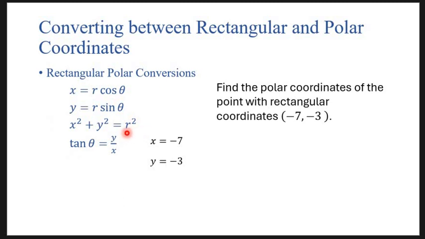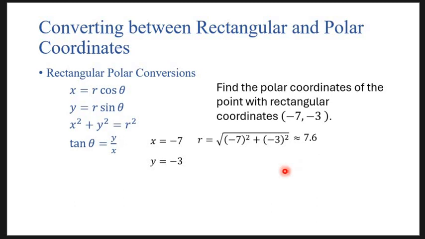To find r, if I solve this equation for r, I get r is the square root of x squared plus y squared. So r is the square root of -7 squared plus -3 squared, which is the square root of 49 plus 9. Square root of 58 is approximately 7.6.